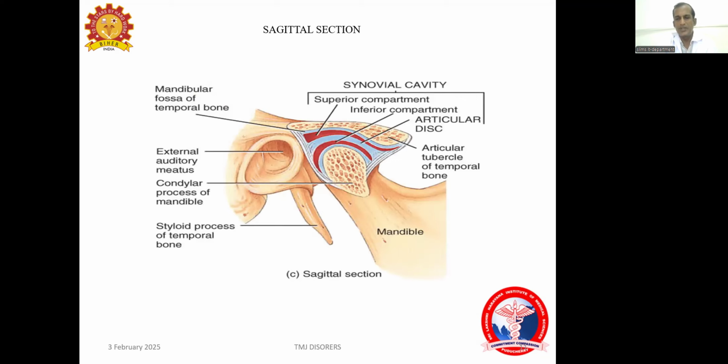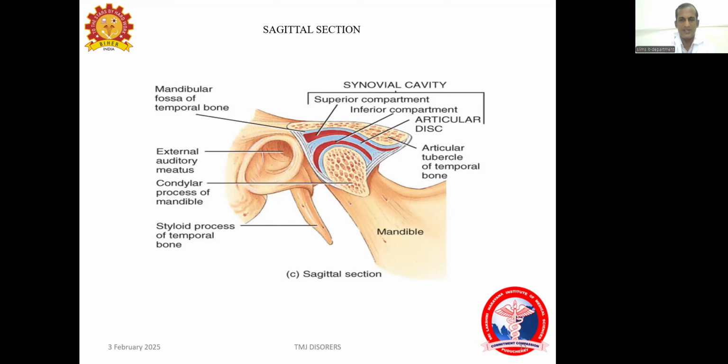And before going into the structure, when you see the sagittal section of the temporomandibular joint, the mandibular fossa is visible. The superior compartment and the inferior compartment lie in between with the articular disc.